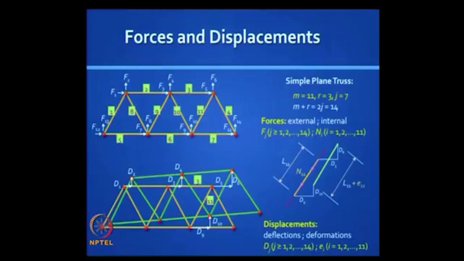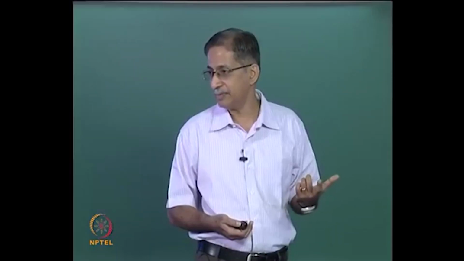This is called compatibility. So the bar, let us say it has elongated, and we label the elongation E11, E standing for 11. Clearly E11 must be a function of the joint displacements, vertical and horizontal.